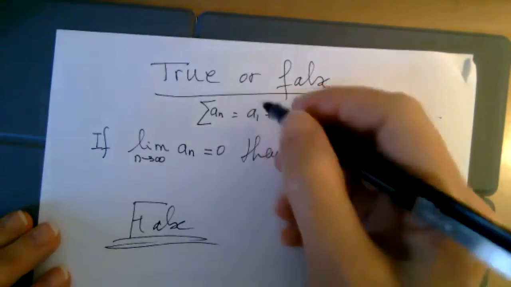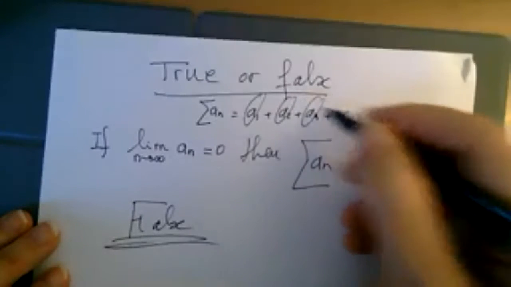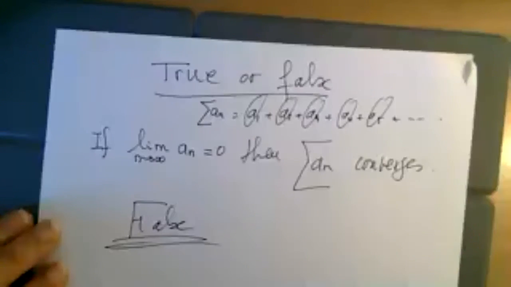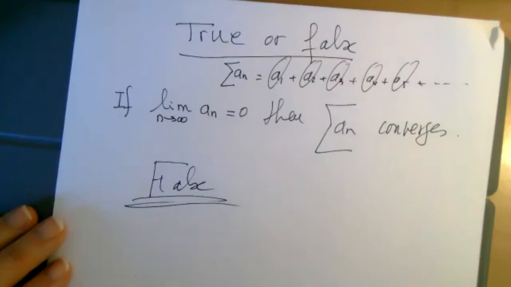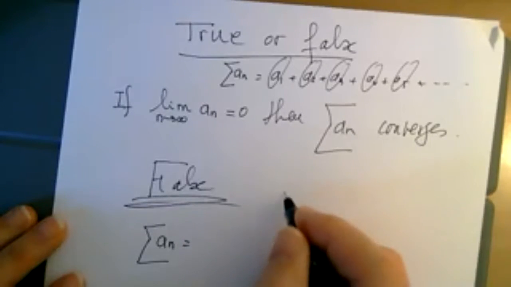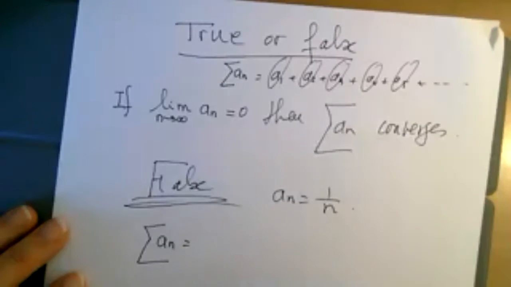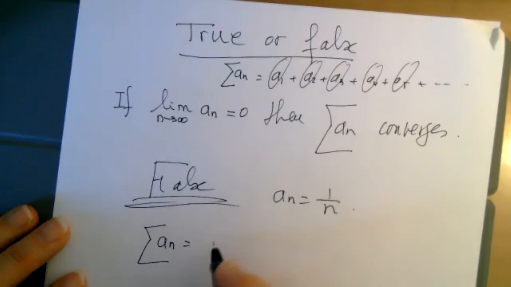Absolutely false. If the terms become close to 0, we cannot at all say that the series converges. False, because we're going to take the series sigma an, and we're going to take an to be 1 over n. So sigma an is sigma 1 over n.